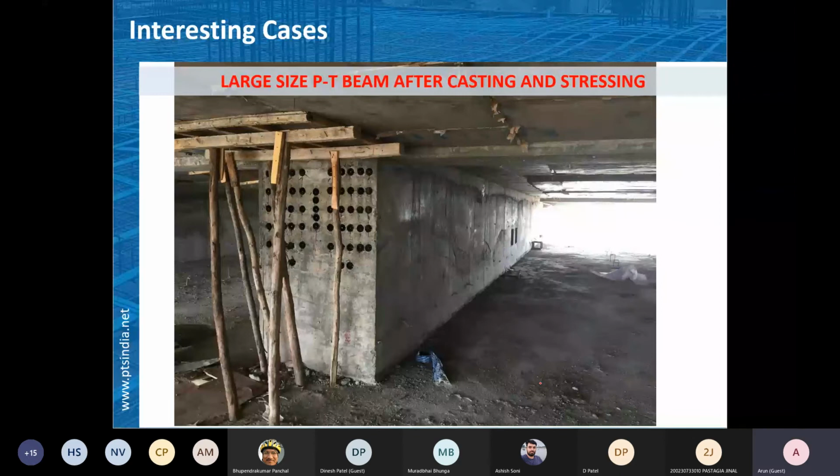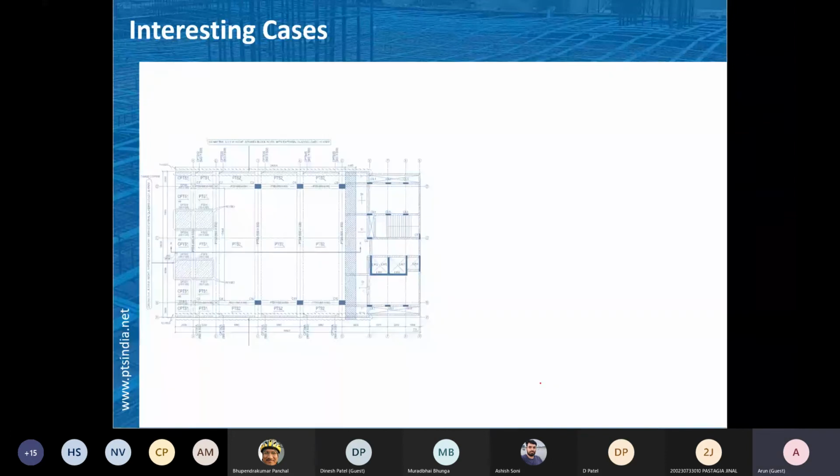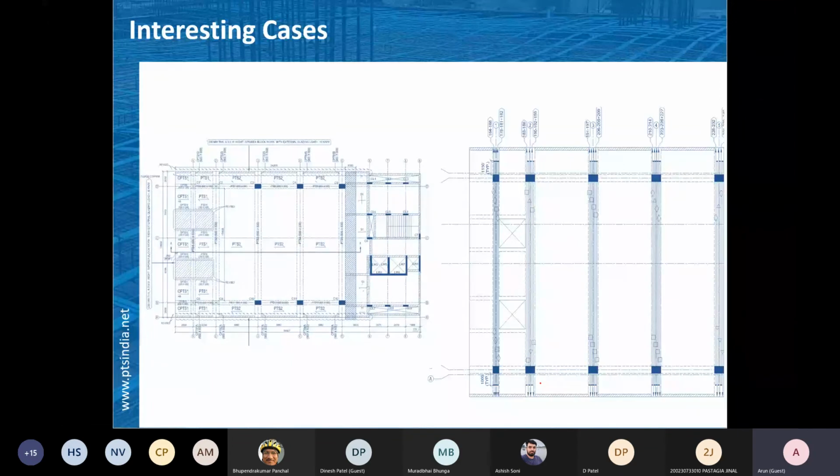Some interesting cases we came across after having done this many projects. Here, this was a project in Mumbai, and as you see, the span is large, around 60-70 feet.